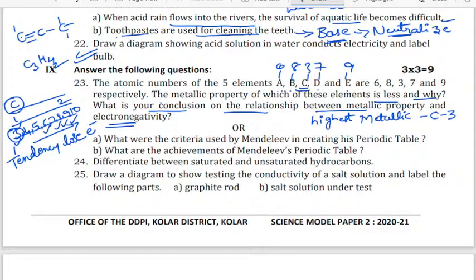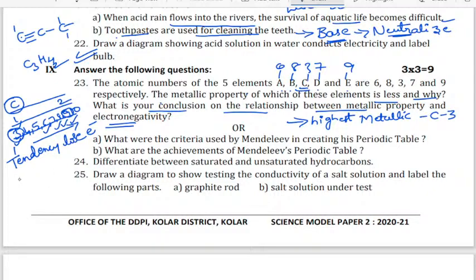Now let us identify the other one. I repeat: firstly I have explained which is having the highest metallic property. Now I am explaining the element which is having the least metallic property. Which is having the greater number here? It is 9, right?